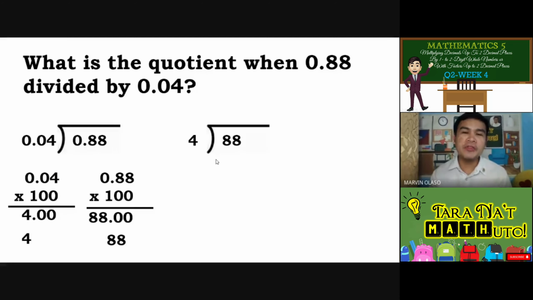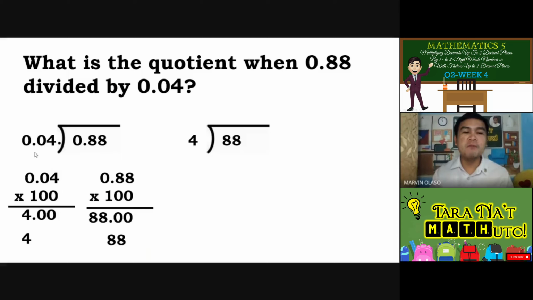Now, the short method is that if the divisor has a decimal point, to make it whole number, you just move it to the right. Depends of the number of places. So, para mapunta dito sa tabi ng 4 to make it whole number, how many places is that? Okay.